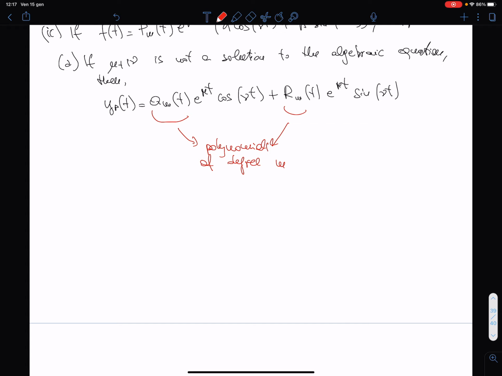While the second case is that, again, mu plus i nu is a solution to the algebraic equation.